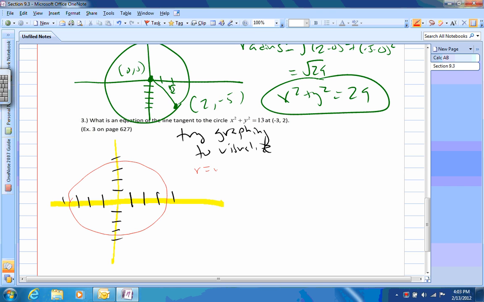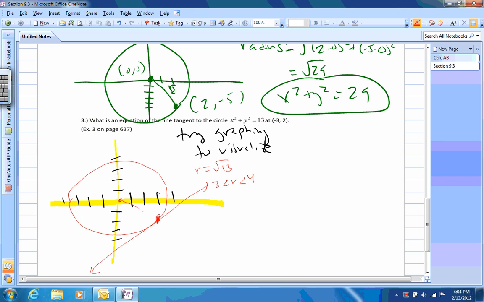Because remember, r is going to equal root 13, which is roughly between 3 and 4. And you have the point 3, -2, which will probably be right here.